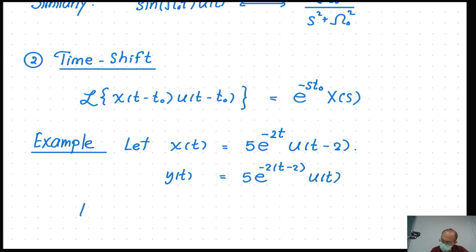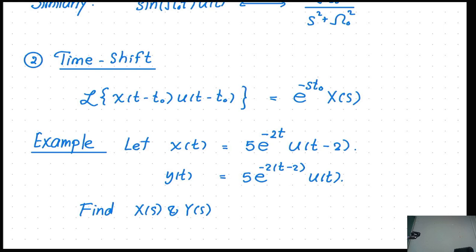We want to find X(s) as well as Y(s). Are they the same? You have to ask yourself first. X and y, are they the same? They're not the same.